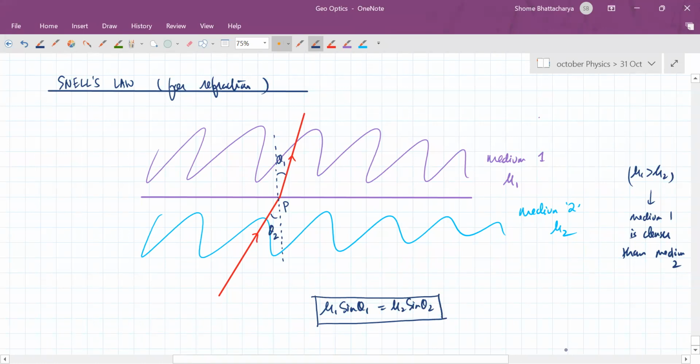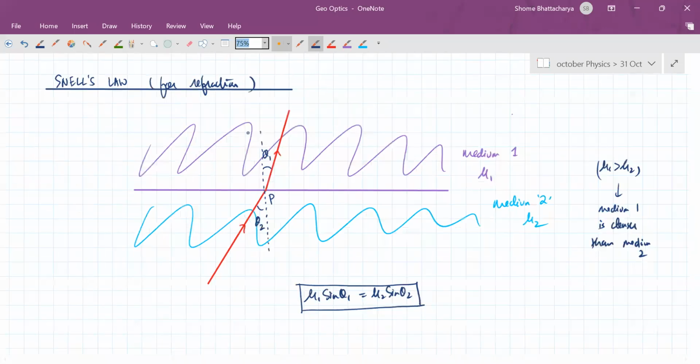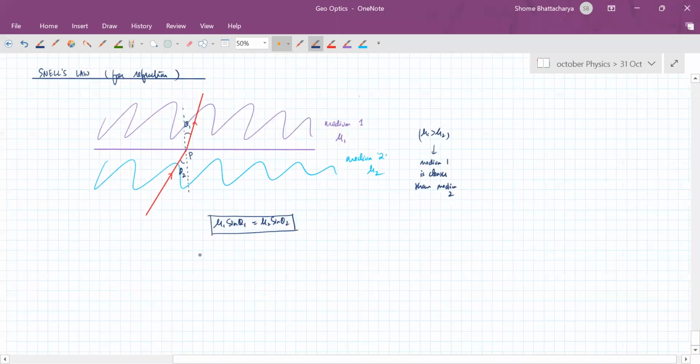Okay. The important thing here is that it can be reversible also. So in the case shown above, theta2 is the angle of incidence and theta1 is the angle of refraction.